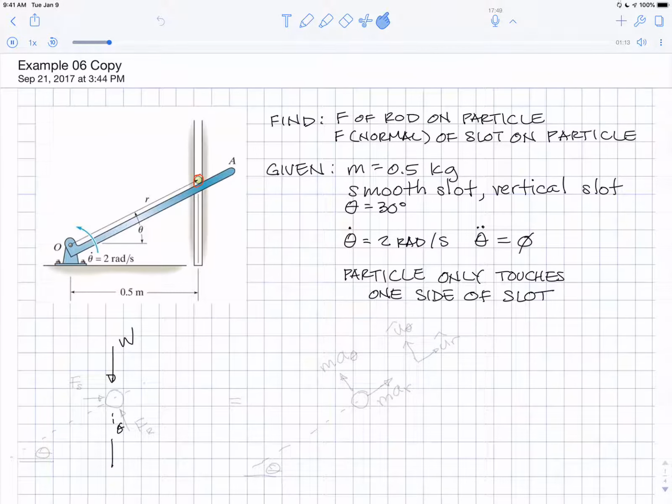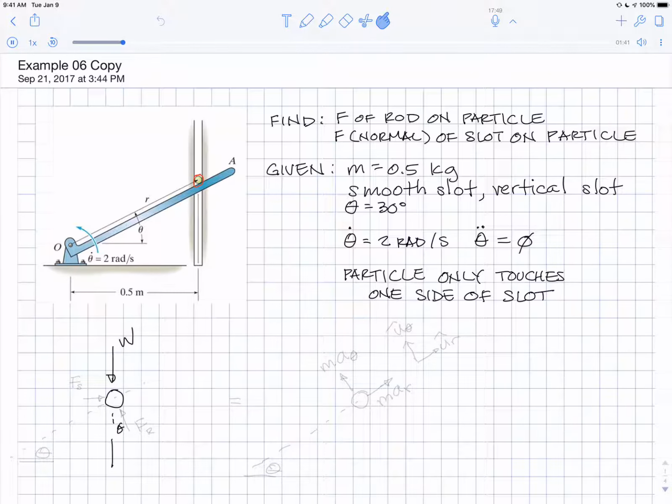Okay, and so let's start with the free body diagram of the little pin. So I'm going to draw a tiny little loop right around the pin. There we go. And so we need to draw what's in the little red loop there. I'm going to try and draw a circle as best I can.